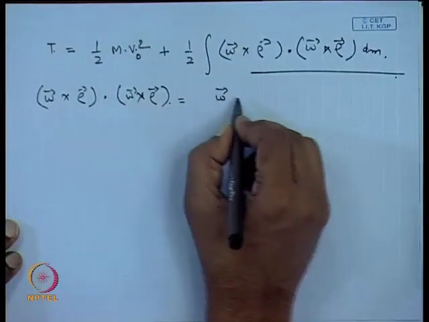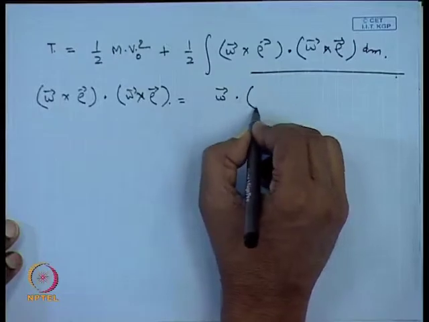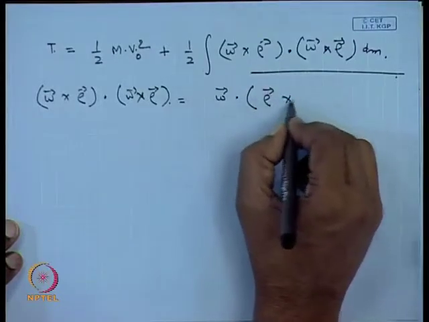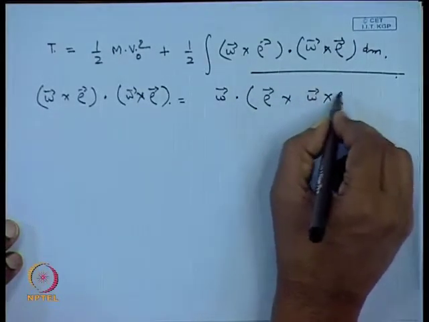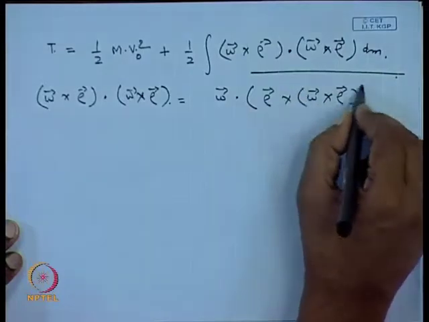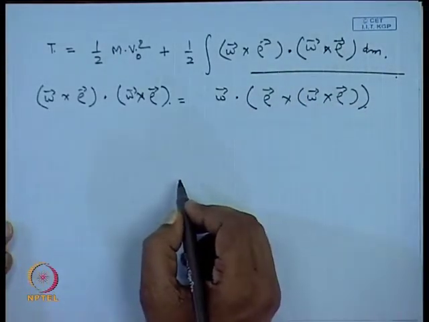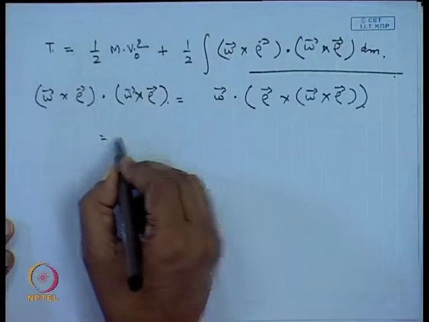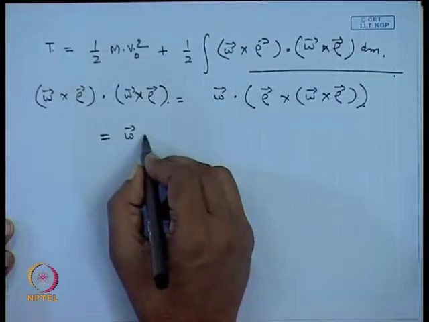We can write this as omega dot rho cross omega cross rho, and then we can expand it further.